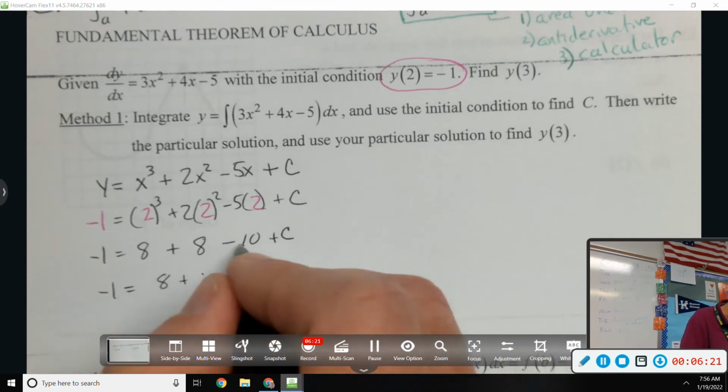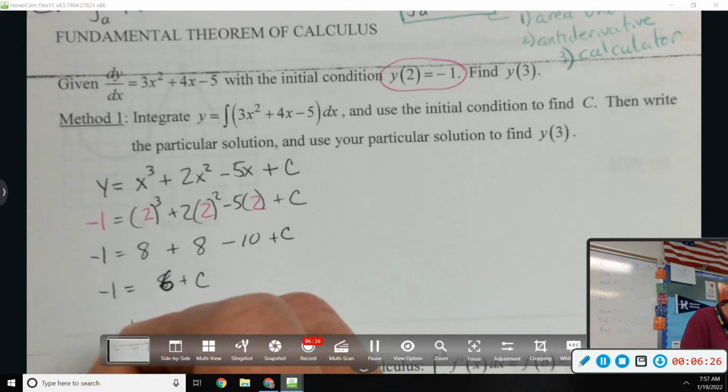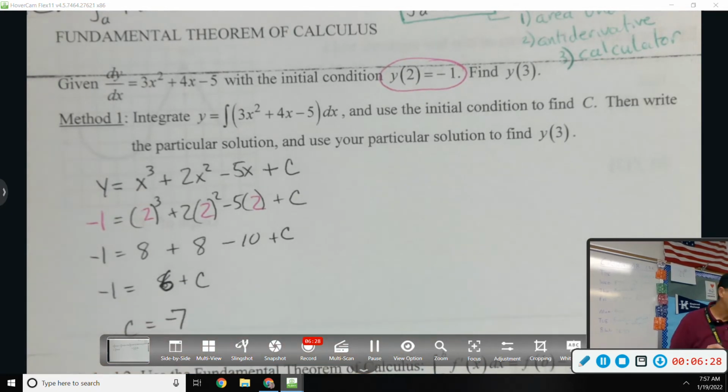No, 16 minus 10 is what I need. So c is negative 7.